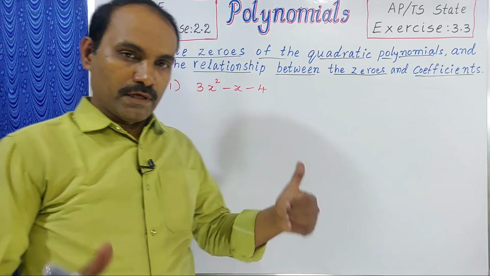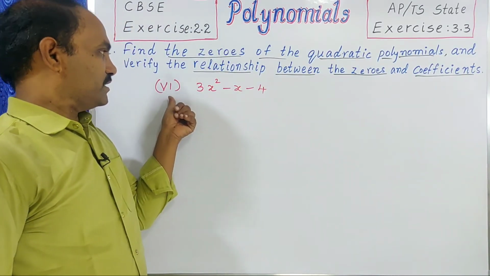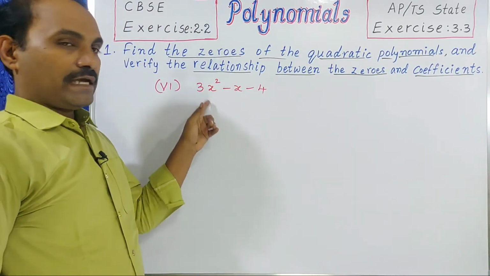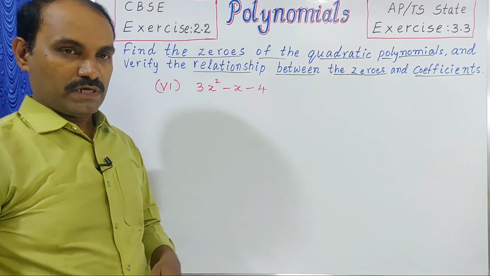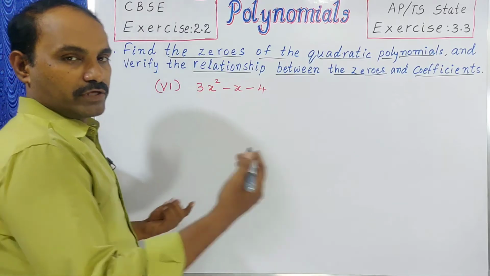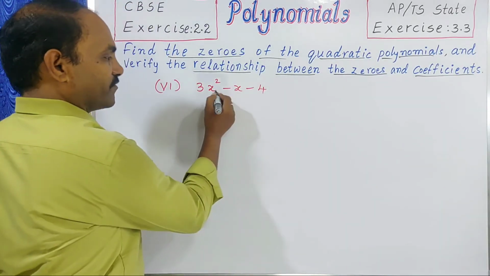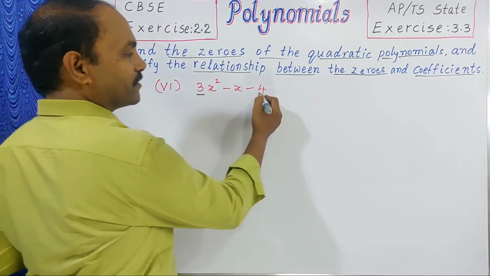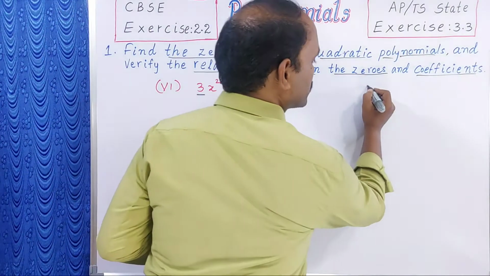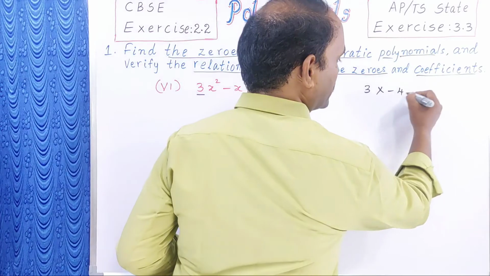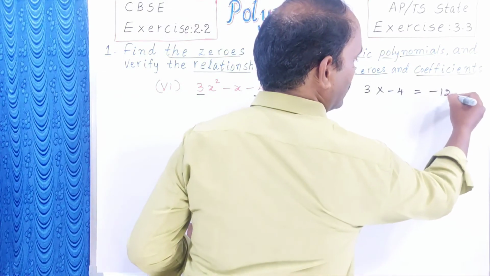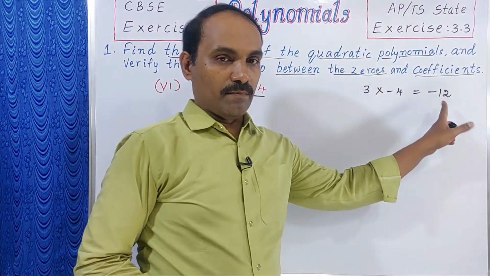Yes. Next is the sixth question, in this first Roman and the last question also. 3x square minus x minus 4. Again three terms came, so we use splitting the middle term. First coefficient 3, constant term 4, so 3 into minus 4 is equal to minus 12.